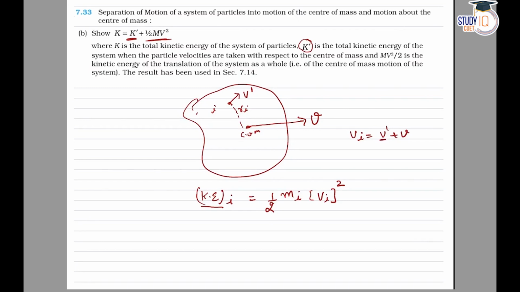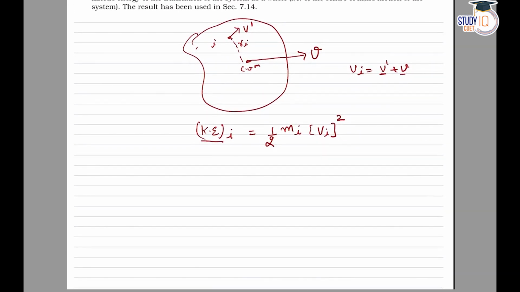v prime is the velocity of the ith particle with respect to center of mass, and v is the velocity of center of mass. Now, on substituting the magnitude, if the angle between v prime and v is taken to be theta, we can write the kinetic energy as half mi into vi whole square.